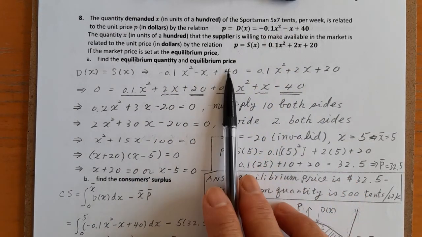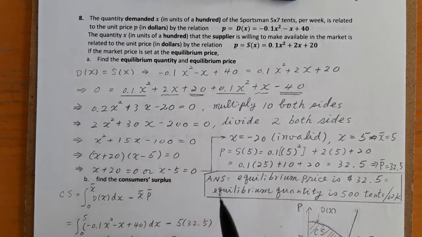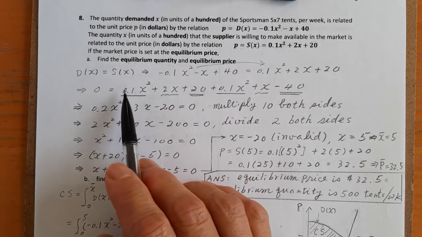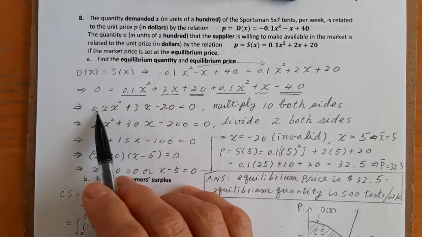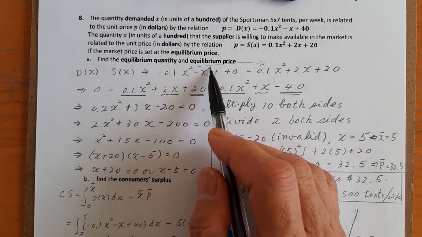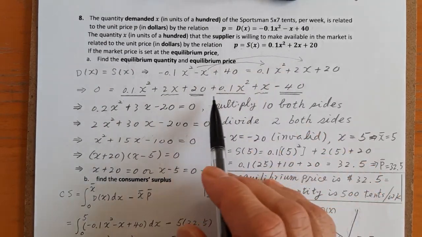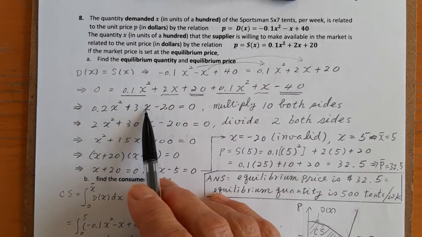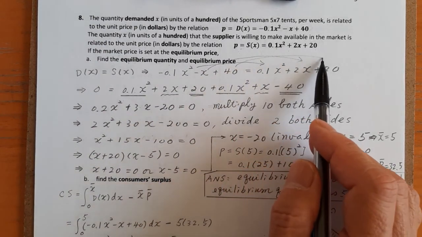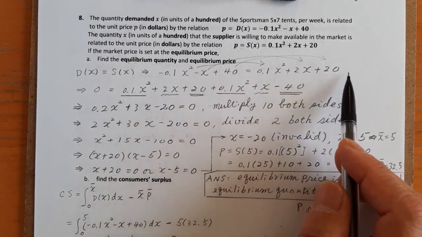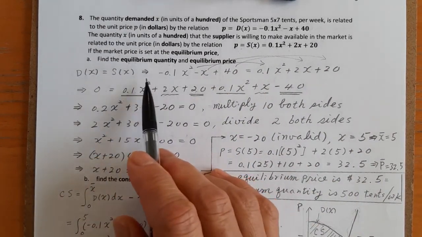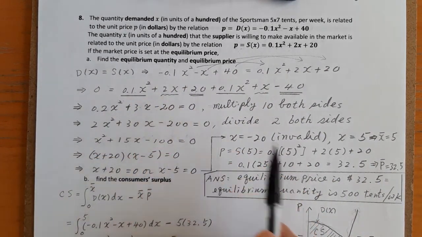Solve for x. Moving everything over and combining, we get 0.2x squared plus 3x minus 20 equals 0.